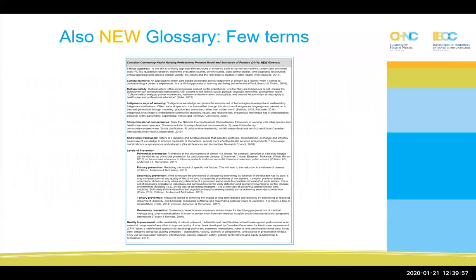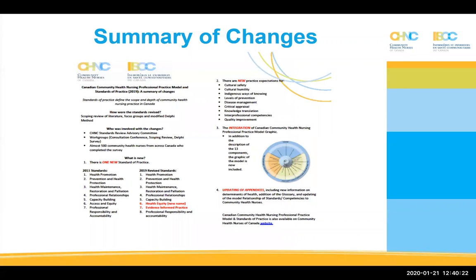So I think I am coming to the end here. Just want to briefly look at, when you do get your new standards, there's a whole glossary of terms that helps identify and relate some of these concepts to community health nursing. For those of you who may be in academics or in professional practice and have engaged the 2011 standards, there's some summary at the end of the standards that talks about what are the unique differences that you can highlight as some of the changes.